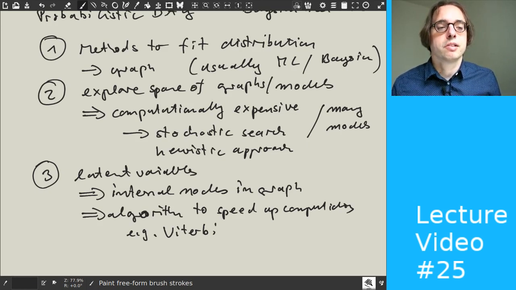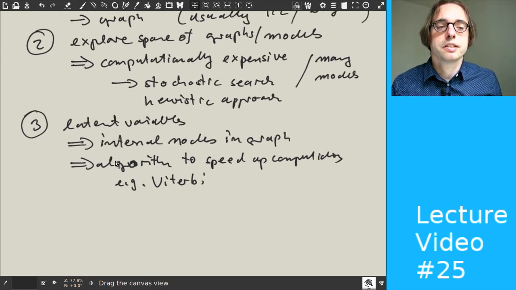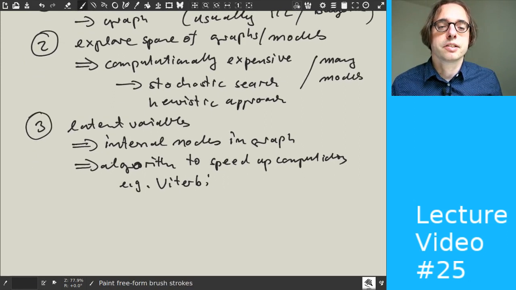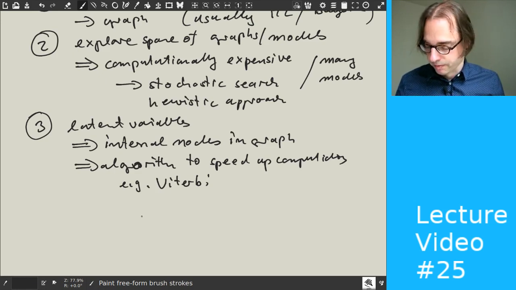So graphical models is not a pure mathematics field, I would say. You need to learn a lot about algorithms. This is why I can only briefly touch on this here. Especially with directed graphical models, you do need to find some clever search algorithms to search through the enormous space of these models.